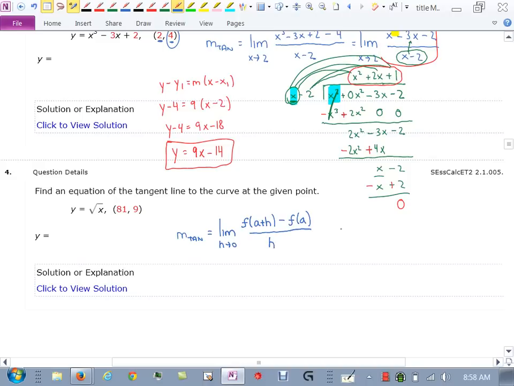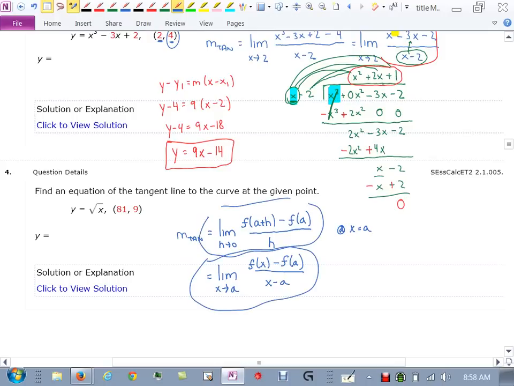That'll give you the slope of the tangent line at x equals a. The other approach is the one I was using before, limit x approaches a, f of x minus f of a over x minus a.